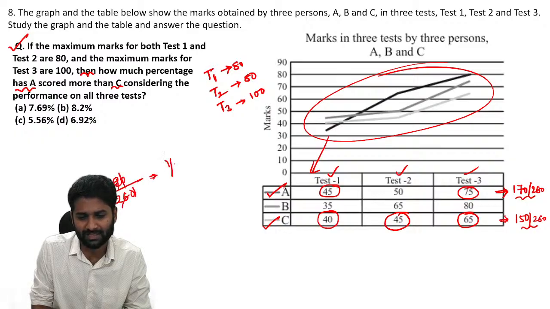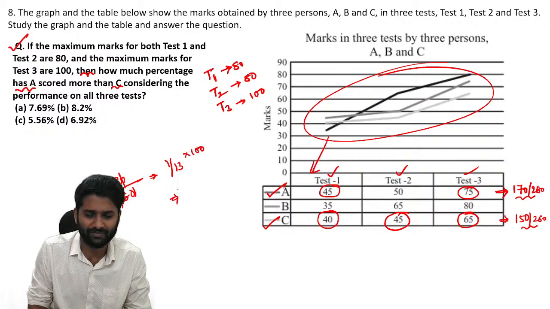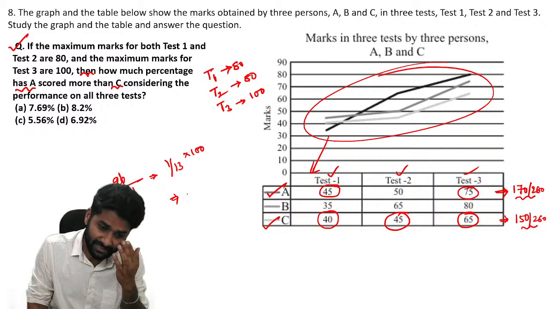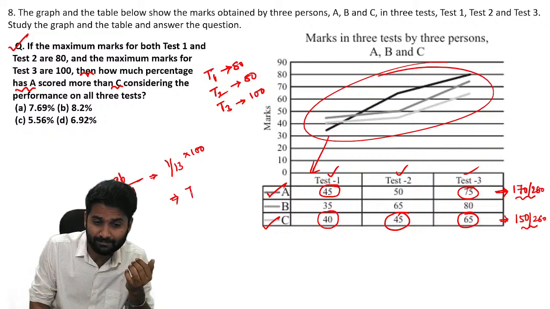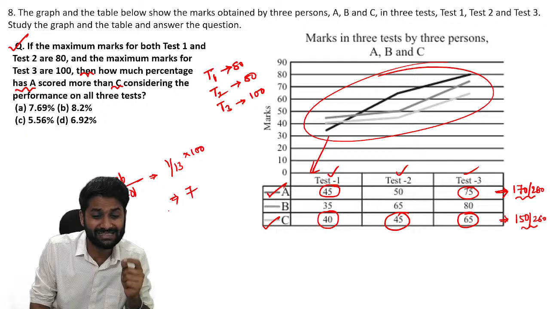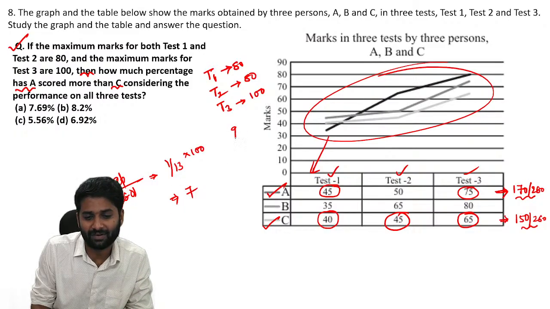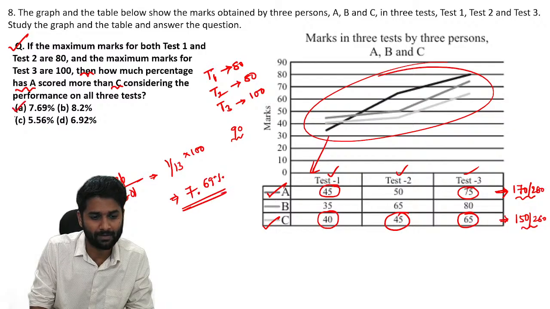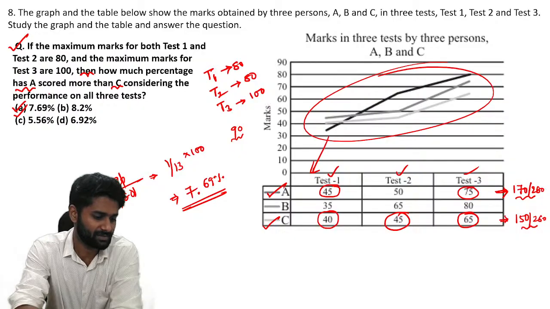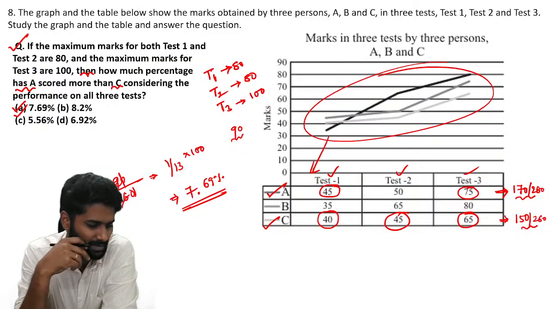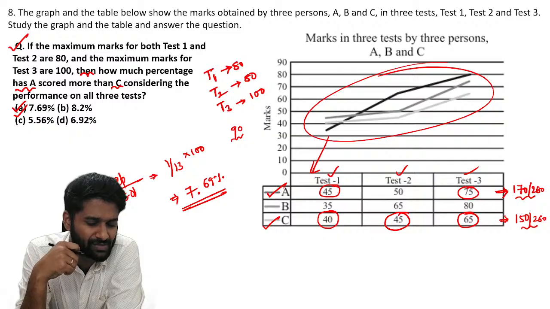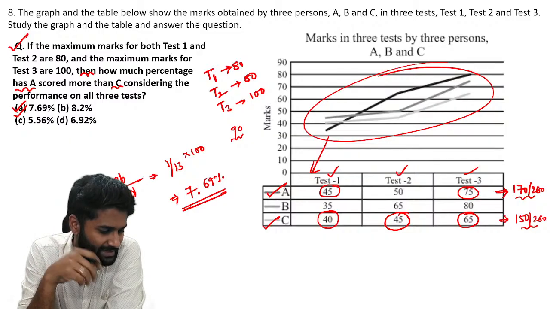So it's one third, 1 by 13 percentage. So here, go through the further simplification. 13 multiplied by 7 is 91. So 91 means again it is left with 90. It's 7.69%. So is this clear? A's score is more than C's by 7.69%.